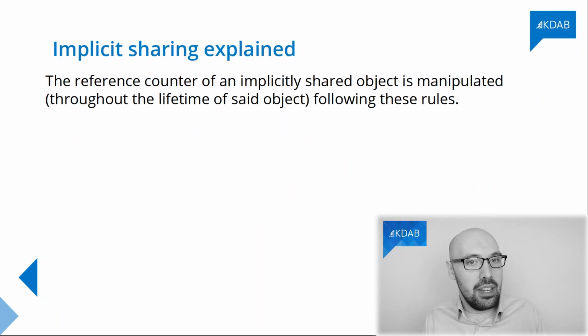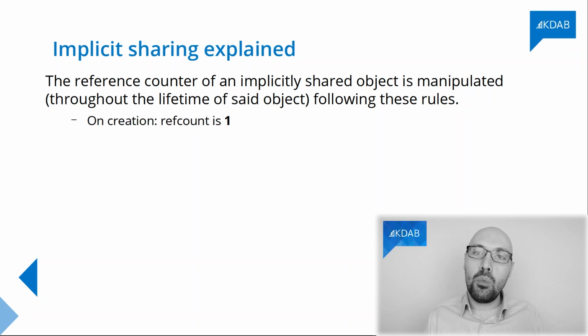Now, the interesting thing about implicit sharing is how it actually behaves at runtime. That is, how is this reference counter found in all the objects of implicitly shared classes manipulated throughout your application lifetime? There is a little set of rules, which I'm going to explain to you, but hopefully they just make sense, because this is, again, reference counting and copy on write.